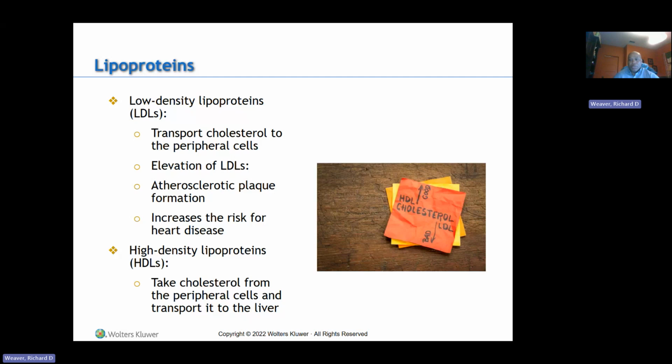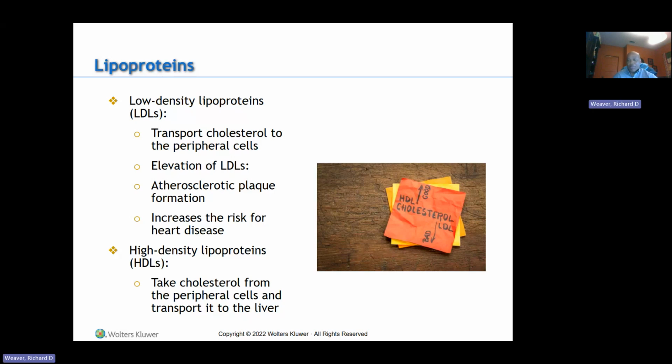Now, on the other hand, we just talked about the LDLs, or the low density lipoproteins. The other side of that is your high density lipoproteins, or what we call the HDLs. The HDLs take cholesterol from the peripheral cells and transport it to the liver, where the liver is going to metabolize it and also excrete it into our feces.